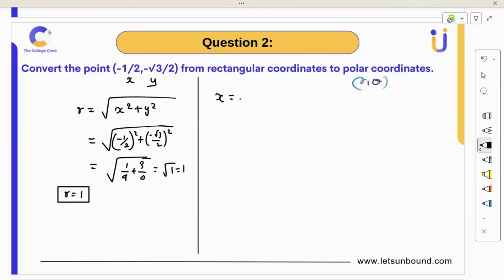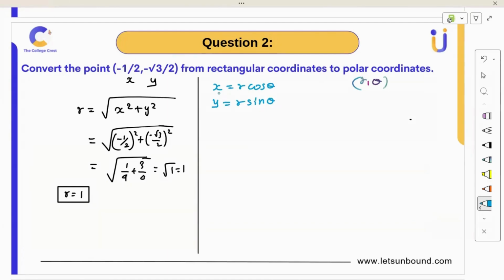And x is equal to r cos theta. For finding the angle, use this technique: x is r cos theta, y is r sin theta.